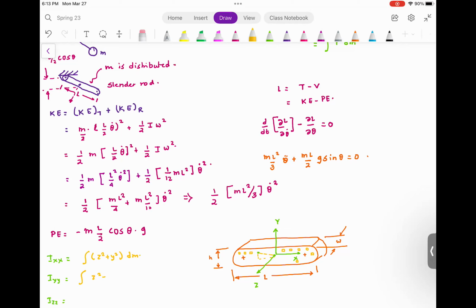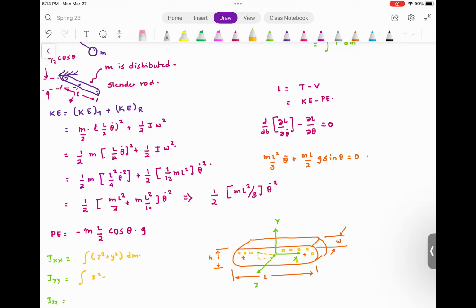Can you see the z and y? So all the radii are about z and y. If I take the moment about z, whatever radii they are, they are resolved in x and y. If I take the moment about y, all the radii are resolved around x and z.